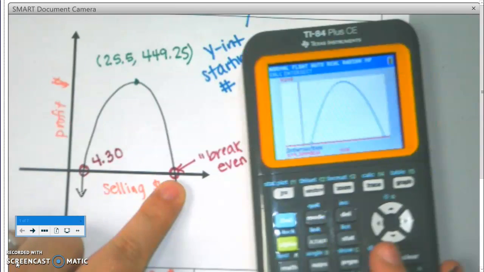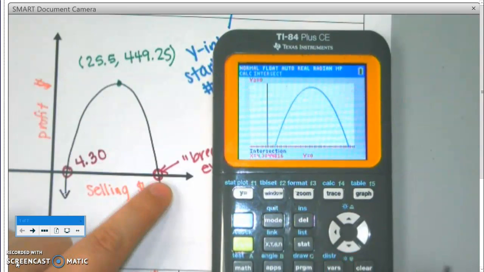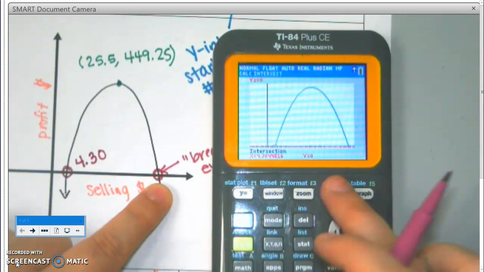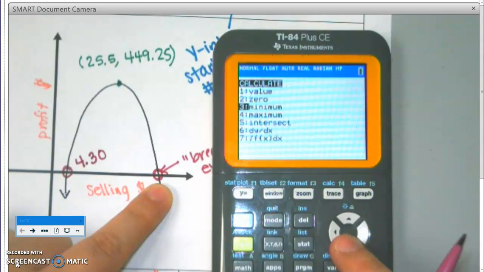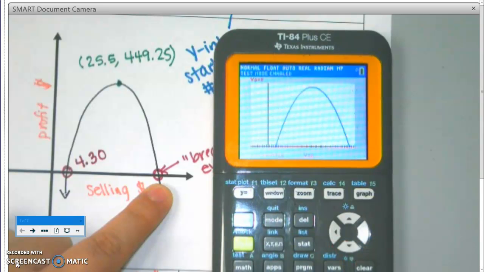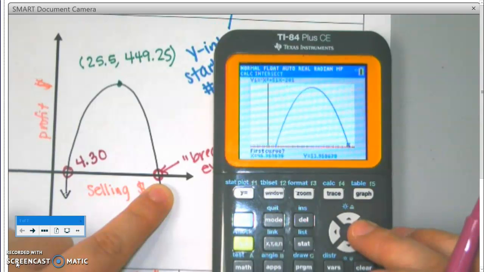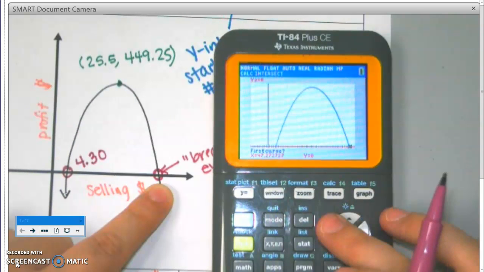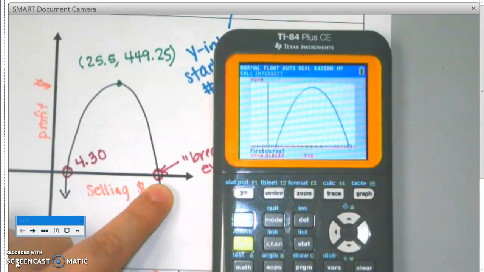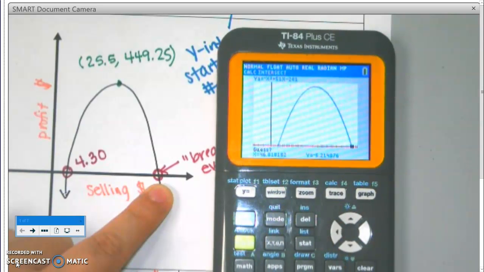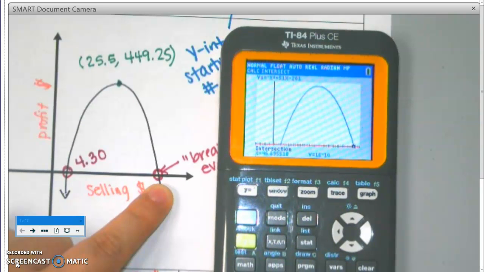All right, now I'm going to do the same thing, but move the blinker closer to this side. So second trace, option 5. And I'm going to move it over to the other break-even point. And then I'm going to hit enter, enter, enter. Second trace 5, enter, enter, enter.